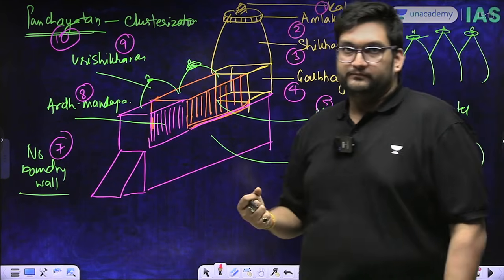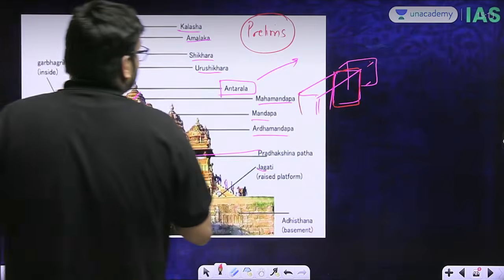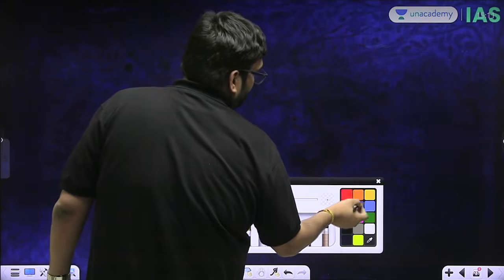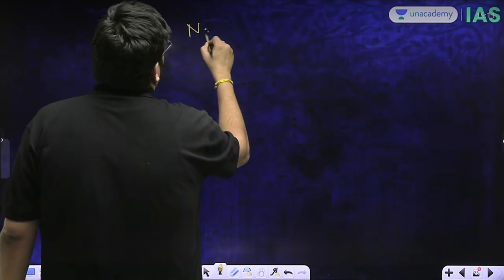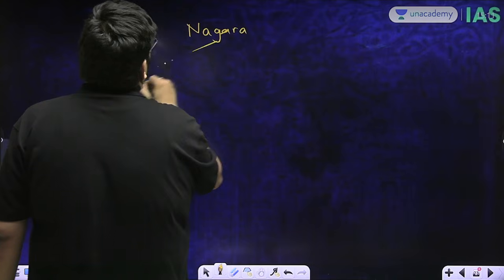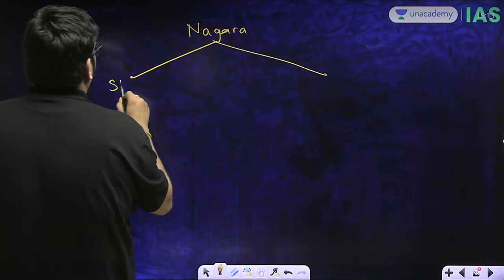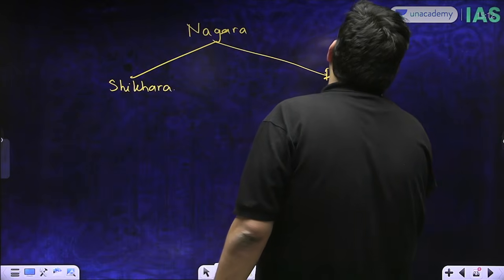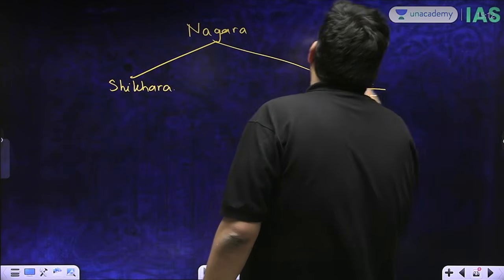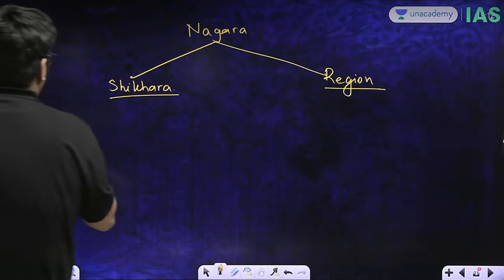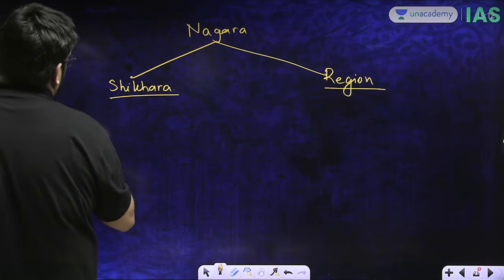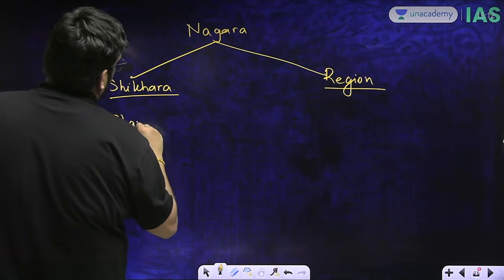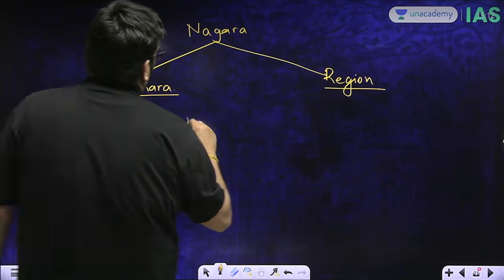Now, Nagara style is also diverse, meaning Nagara style can be divided according to two things. One is Shikhar and the other is region. According to Shikhar, you have Latina, Phamsana, Valabhi.